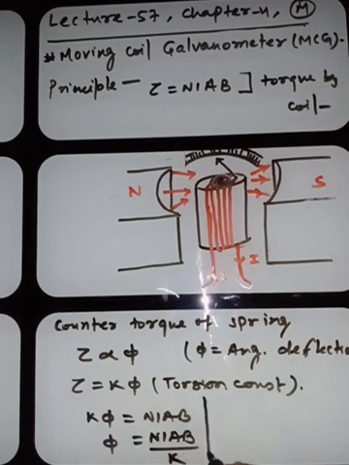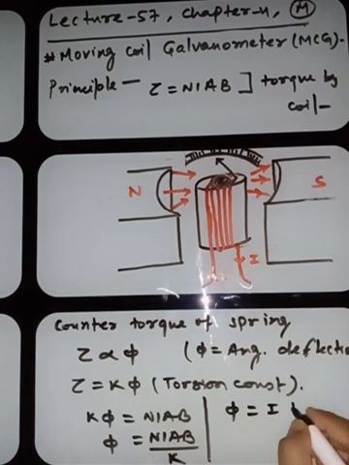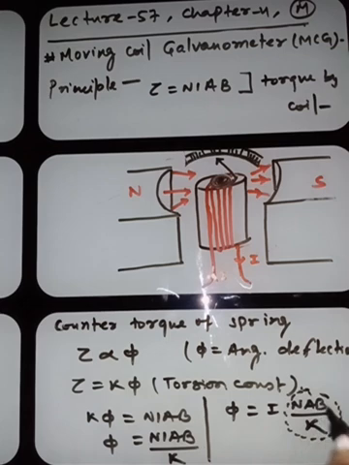Now, N is constant, A is constant, B is constant, and K is constant. So phi equals I times N A B by K. Actually, this N A B by K is known as the galvanometer constant, remember, and we can write phi equals G I, where G is the galvanometer constant. Then simply you can write phi is directly proportional to I.